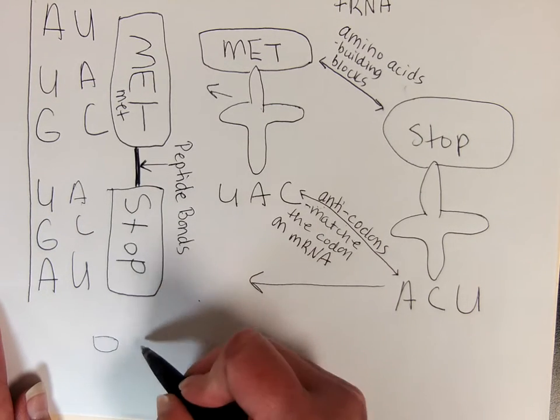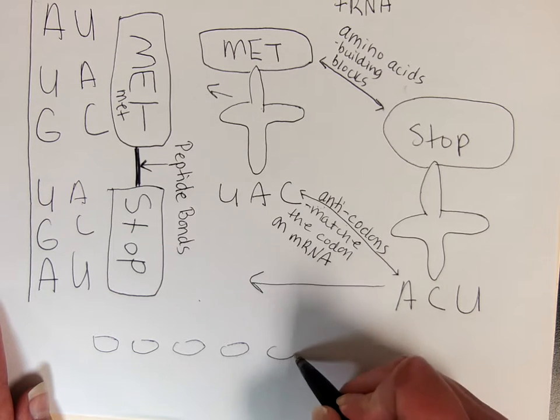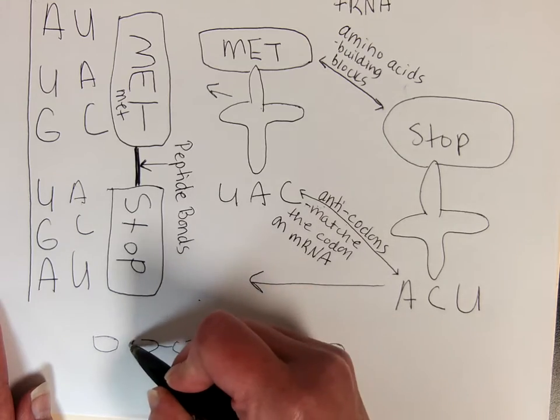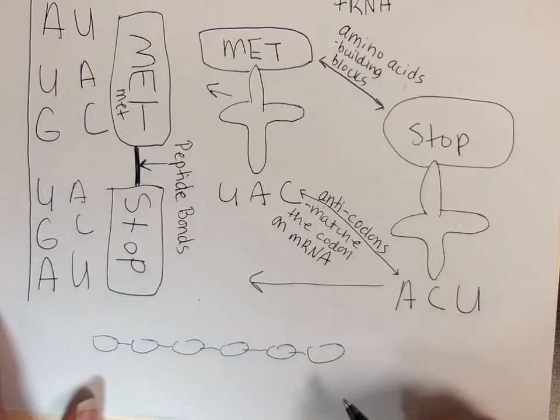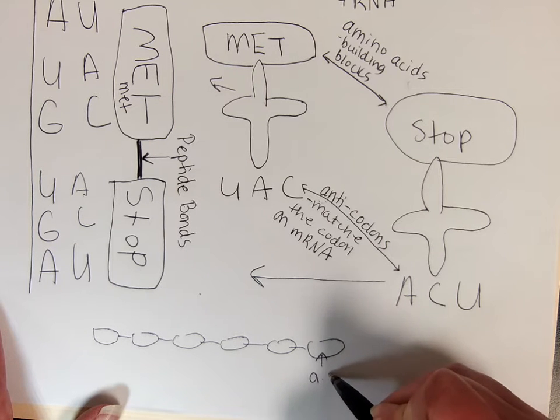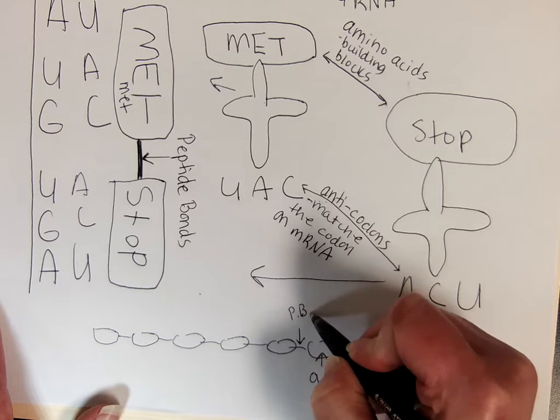A lot of times the depiction of a protein looks like a beaded necklace. So these would be your amino acids, and this would be your peptide bonds.